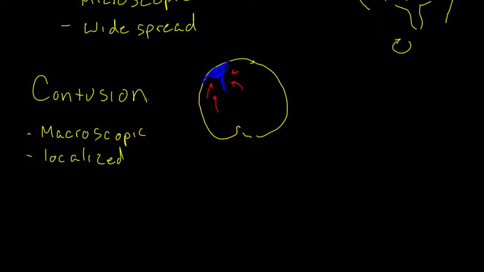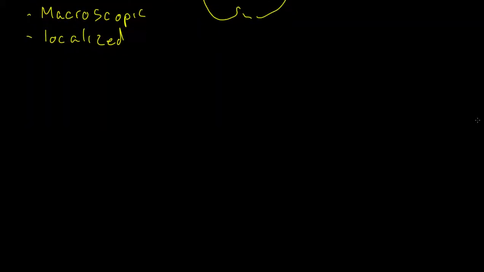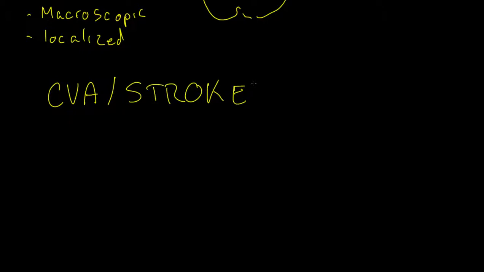As far as strokes, he put down CVA/stroke. There's several types, but he just wants us to know in general. So you can have a clot that originates from somewhere else.